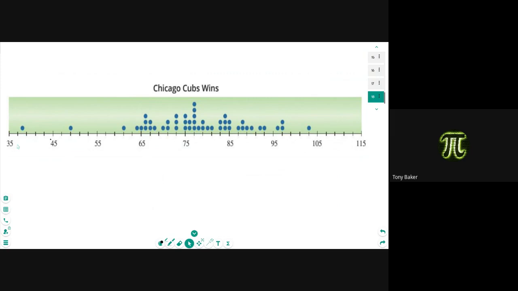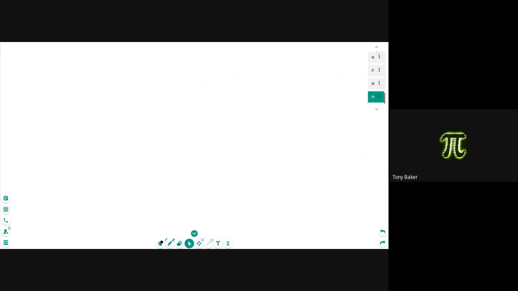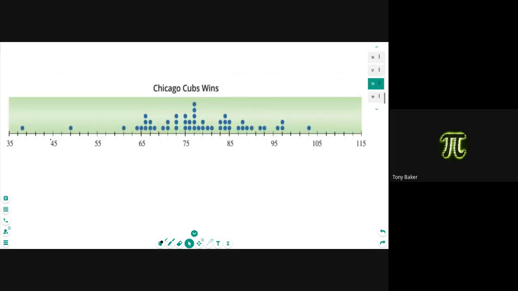Like that season of 38 was a little bit of an outlier for the Chicago Cubs. I hope that wasn't a 162 game season. I don't remember when the Chicago Cubs lost. Which year was it? They won 116 games, that high one. Oh, I didn't even put that one on there.